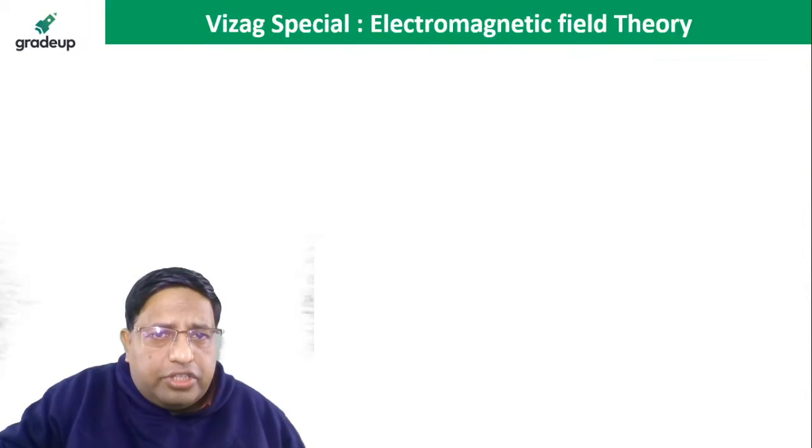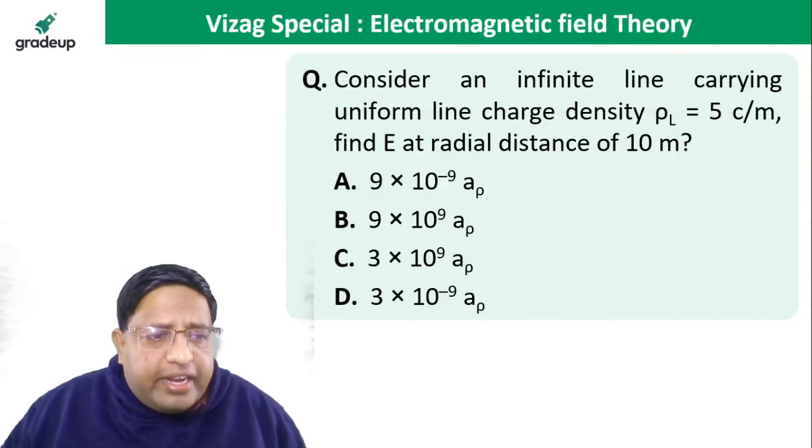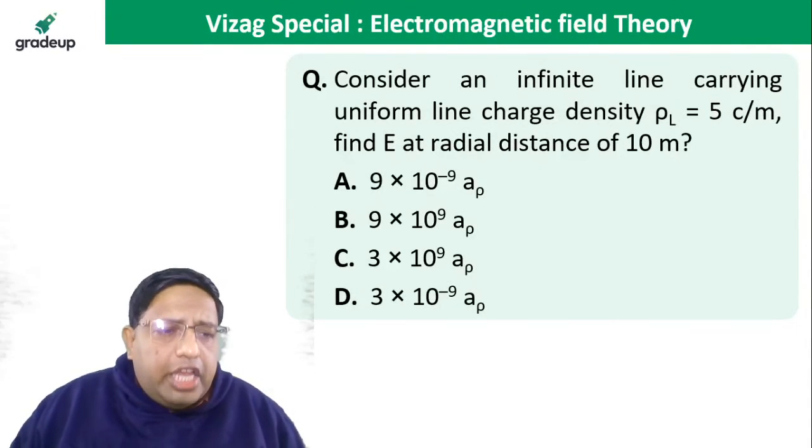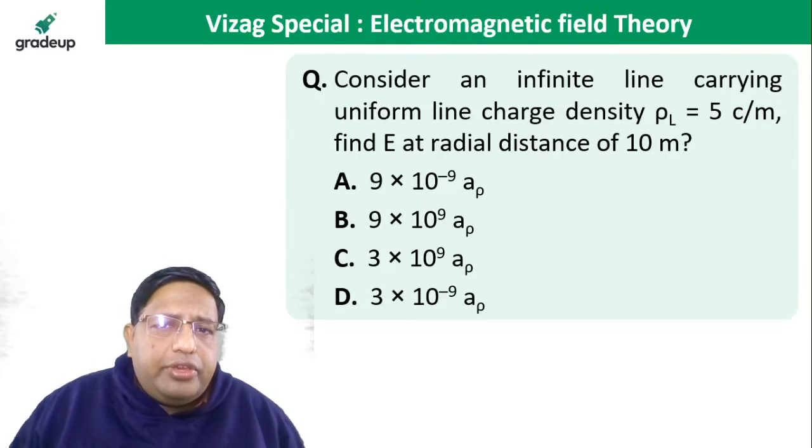Now come to the next question. Try to give the answer. It is a numerical question, a very easy question. If you remember the formula for uniform charge density, you can give the answer very easily.